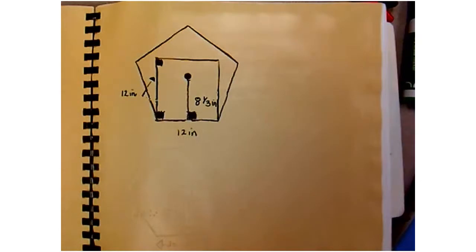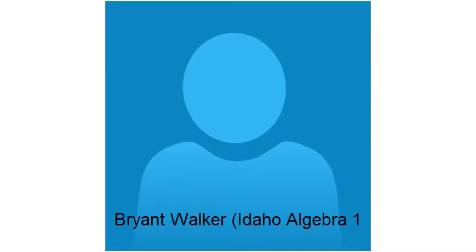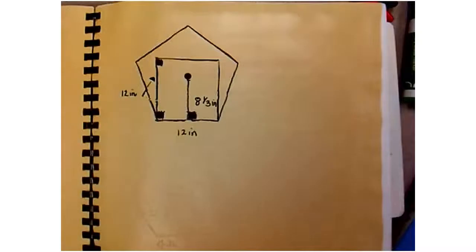How are you going to find the area of that square? Length times width, or side times side. All right. So you found the area of the square. You find the perimeter. Now what do you want to do?